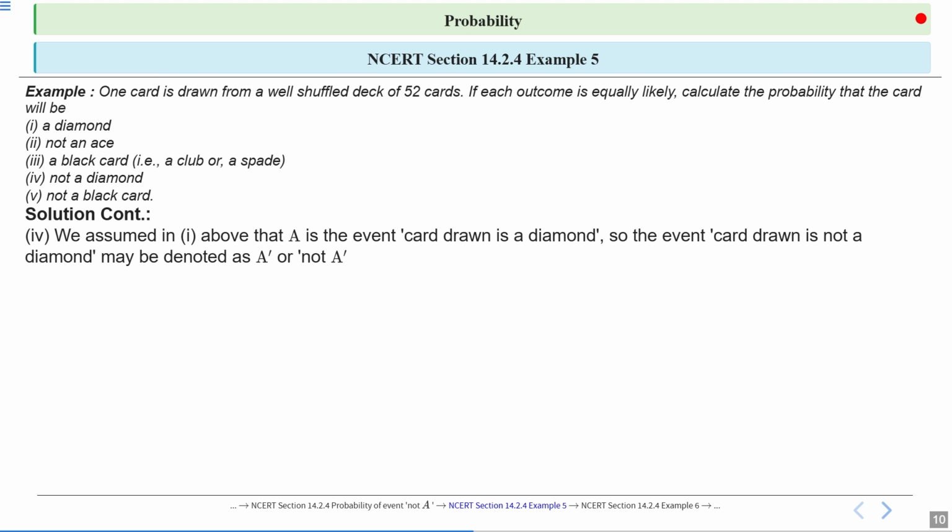So the event that the card drawn is not a diamond may be denoted as A complement, or not A. We know this formula: probability of not A, that means probability of A complement, is equal to 1 minus probability of A. We calculated already that probability of A is 1 by 4. So probability of not A is 1 minus 1 by 4, which is 3 by 4. So the probability that the card will not be a diamond is 3 by 4. Clear, students?